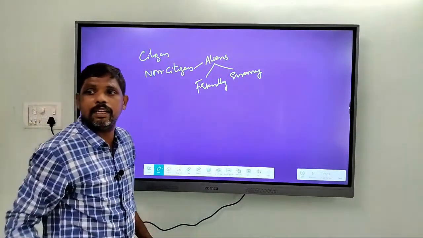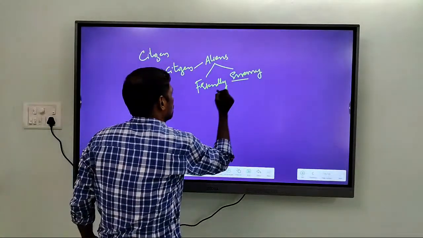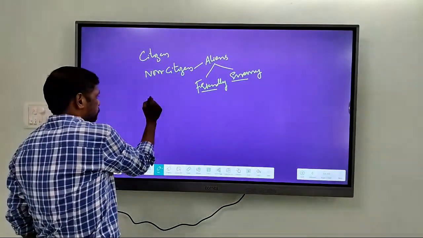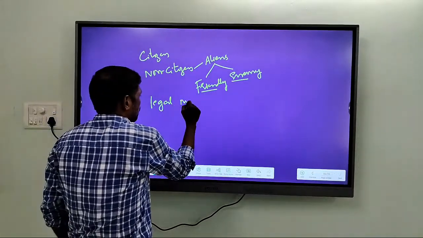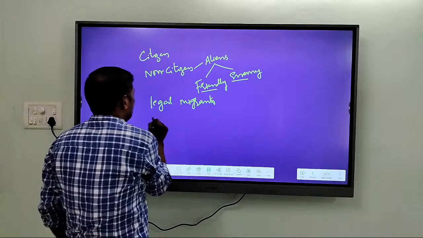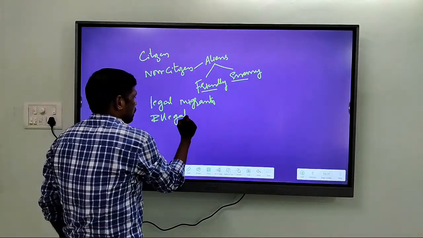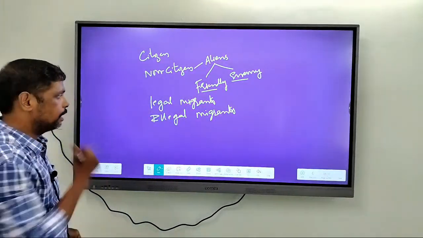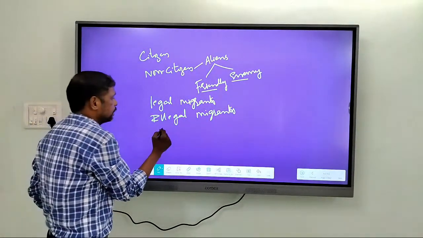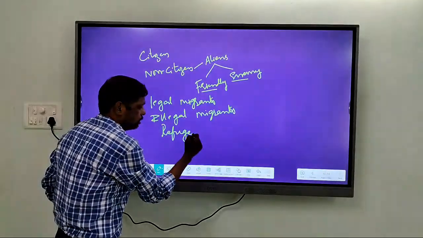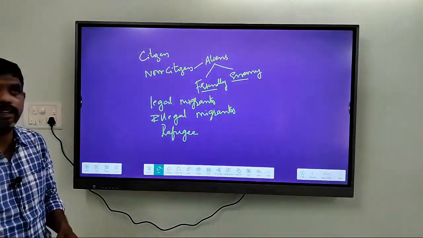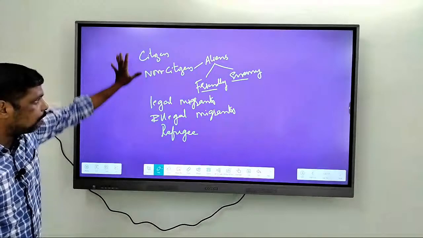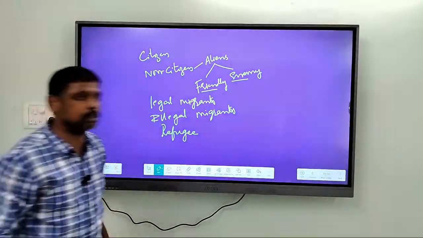Then we also see the issue of legal migrants and illegal migrants. We also see the term refugees. First, let us try to understand all these terms, then we will go for the constitutional provisions.